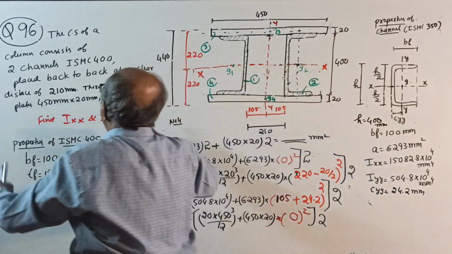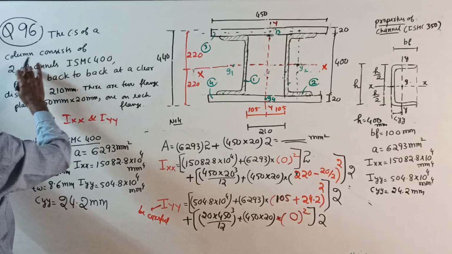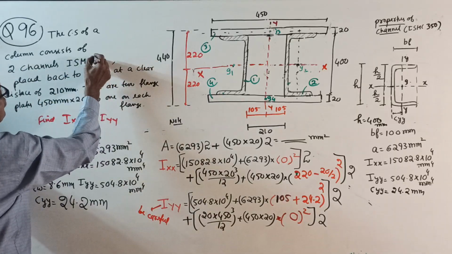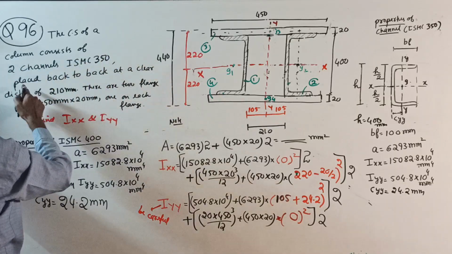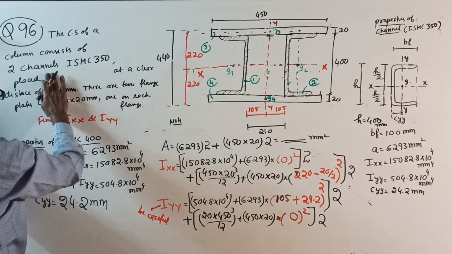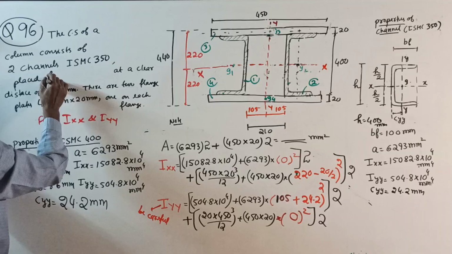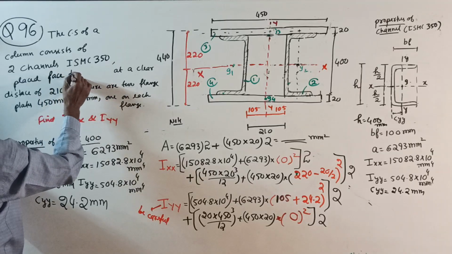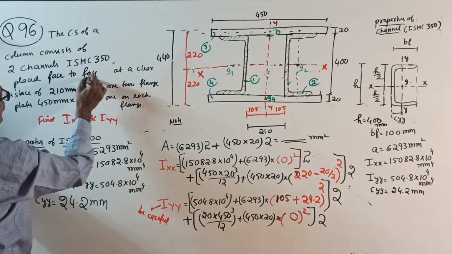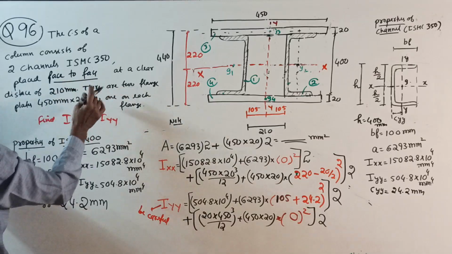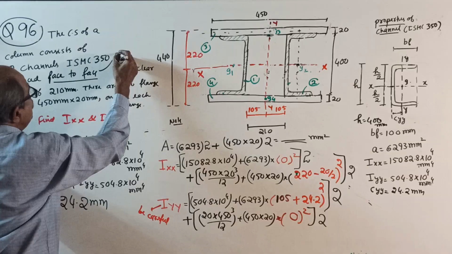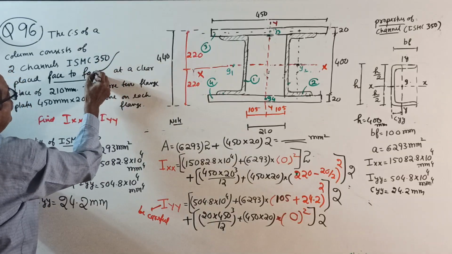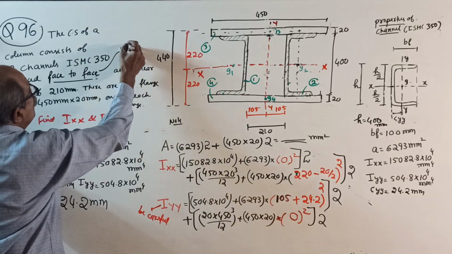The cross section of a column consists of 2 channels ISMC 350 placed not back to back, placed face to face. Make a note here: instead of face to face, some people write toe to toe.